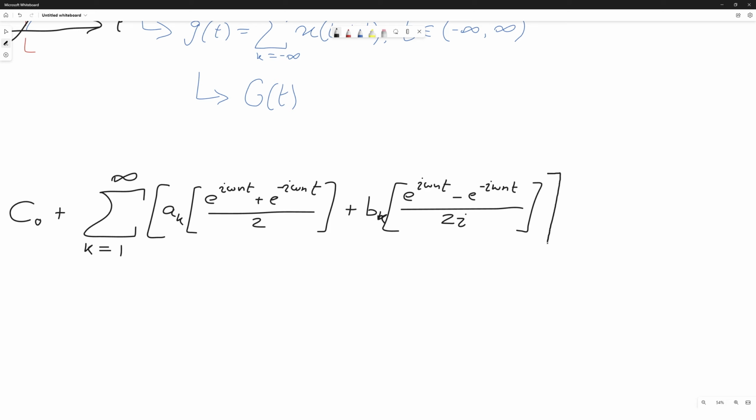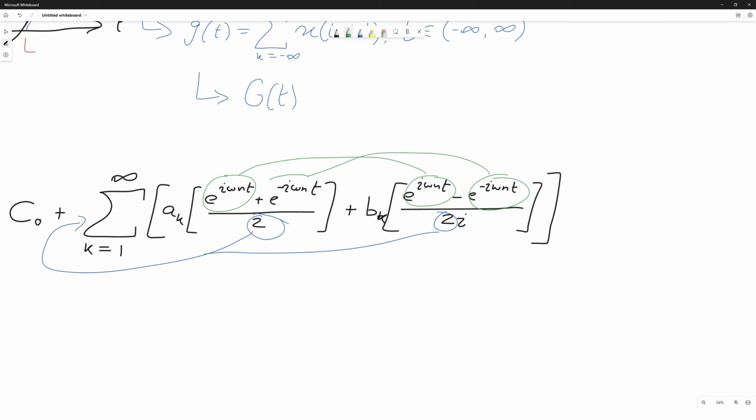And this, we can work with this. First of all, let's notice we can just factor out this 2. We can take these and move them here. Secondly, we can group these, and we can group these.